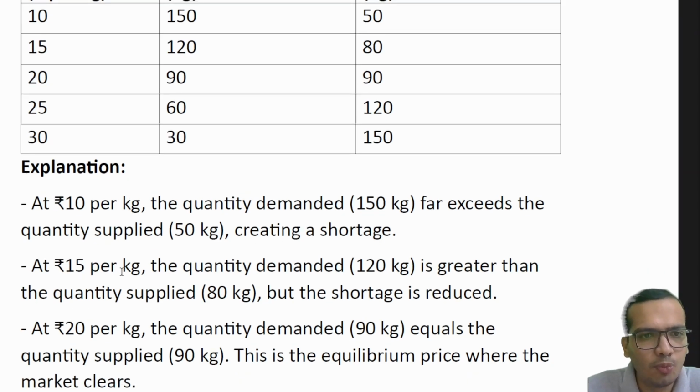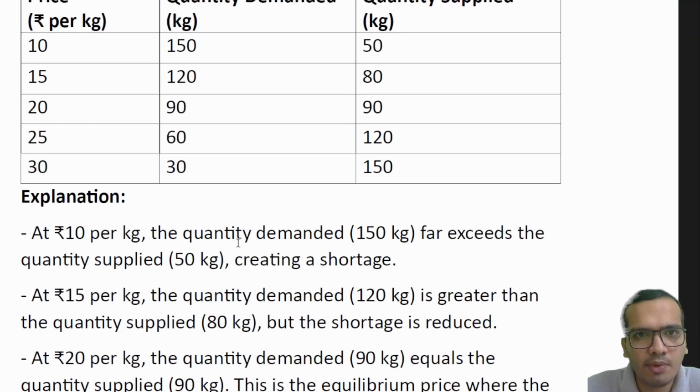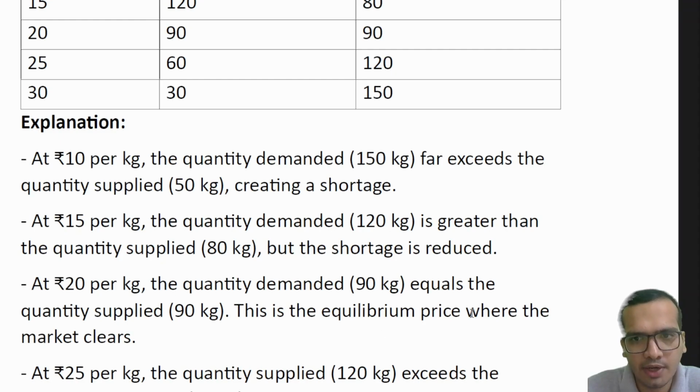Then at rupees 15 per kg, the quantity demanded 120 is greater than the quantity supplied 80, but the shortage is reduced compared to the earlier one. Then at the price of rupees 20 per kg, the quantity demanded 90 equals the quantity supplied. This is the equilibrium price where the market clears.